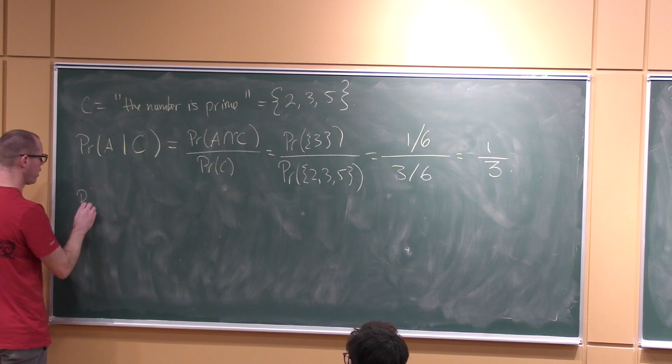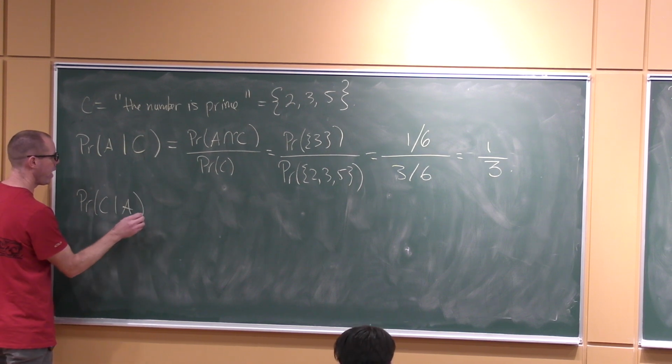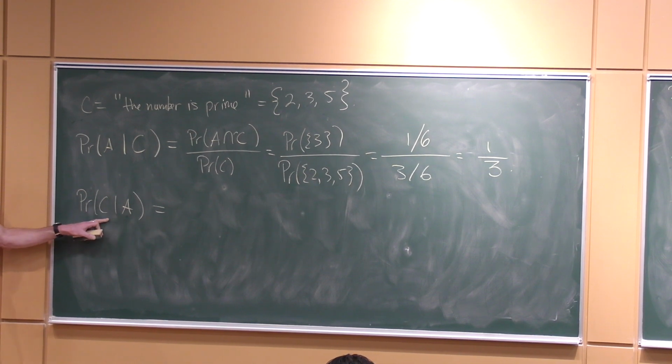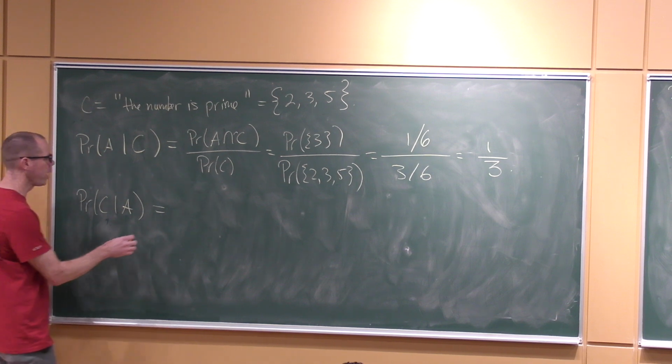Again, let's just check the probability of C given A. I tell you that the number that I rolled is a 3. Knowing that, what's the probability that it's prime? This should be easy to check.